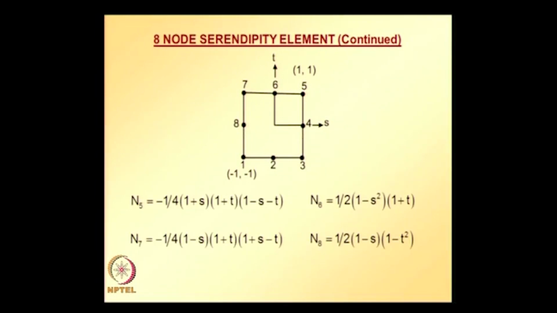These shape function expressions are required for isoparametric mapping, and all these shape functions we can put in a vector n.